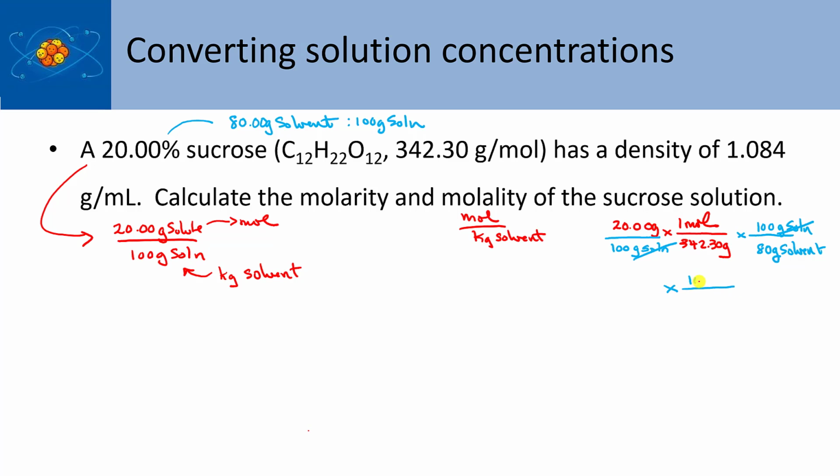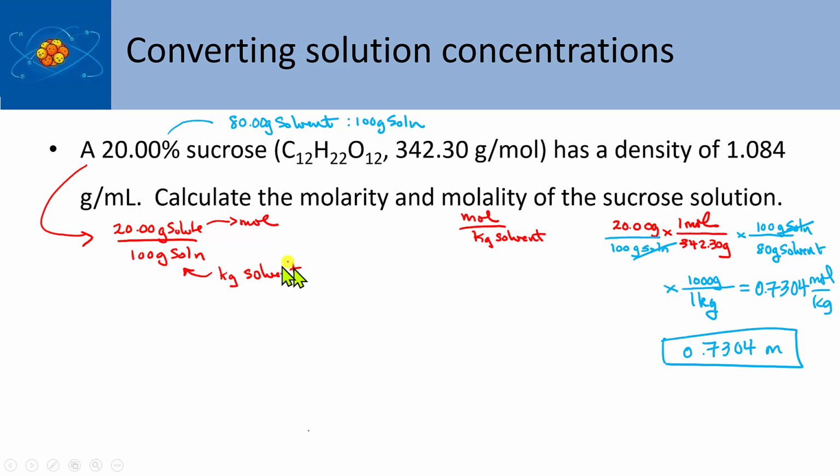So I know there's 1,000 grams for every 1 kilogram. That gives me 0.7304 moles per kilogram solvent, or 0.7304 molality units.